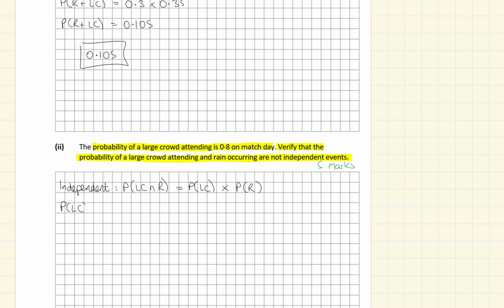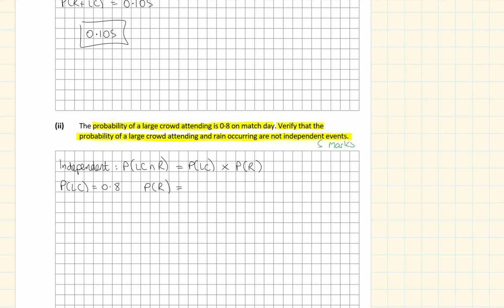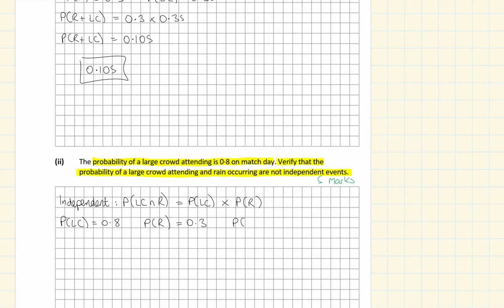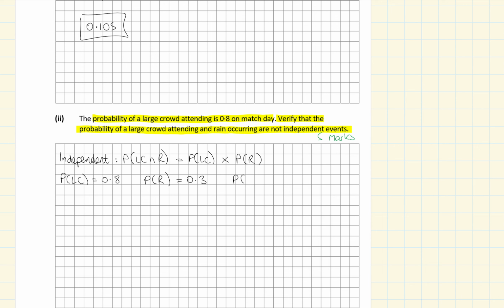So they tell us here the probability of a large crowd is 0.8. The probability of rain, they had told us above, was 0.3. And then we had figured out in part 1 the probability of rain and a large crowd was 0.105.